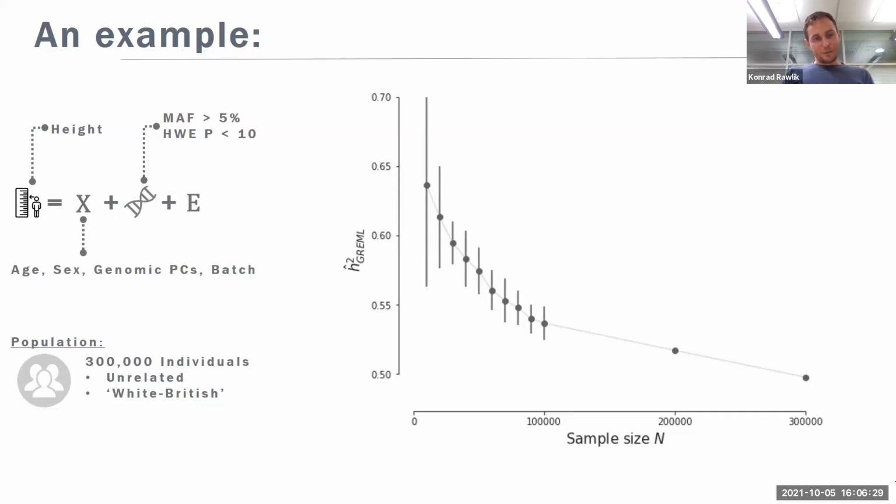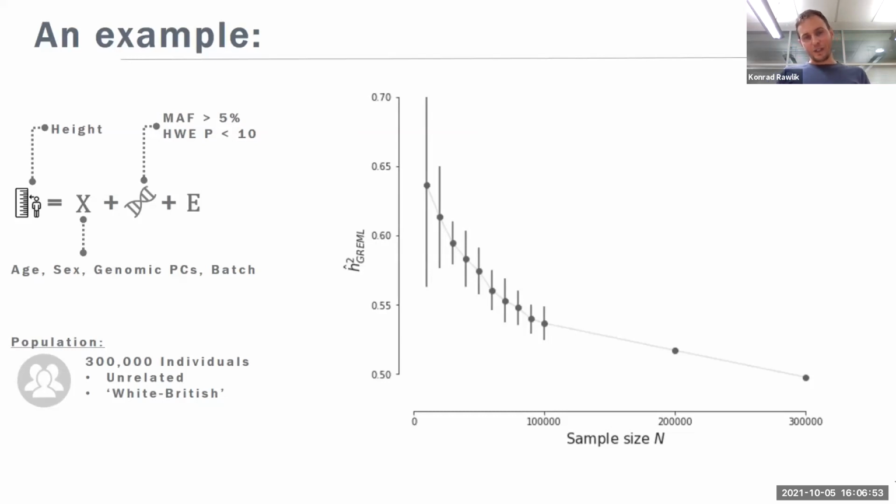And I've got about 300,000 of those individuals. And what I'll do is not just estimate one number, so one heritability for those 300,000 individuals, but instead I'll take different fixed sample sizes, and I'll split these 300,000 individuals in non-overlapping subsets of this size and get an estimate for each of these subsets.